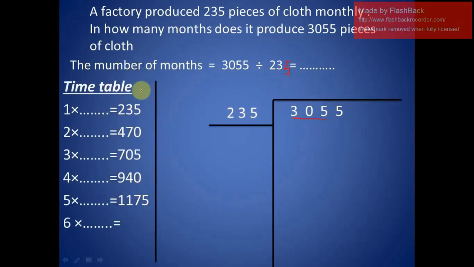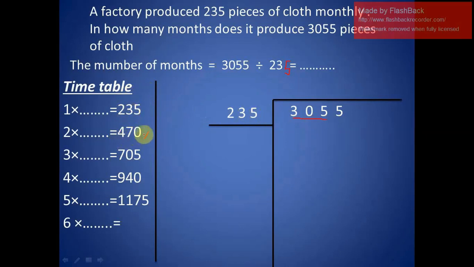Search in the table for the number 305 exactly. Not found. Search for a number bigger than 305. Bigger than 305, yes.